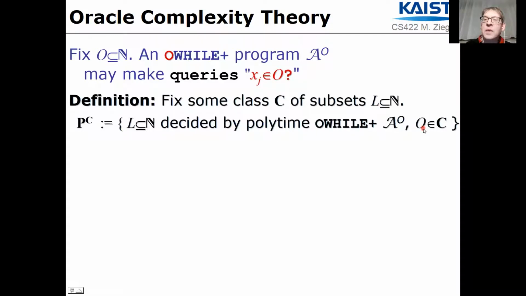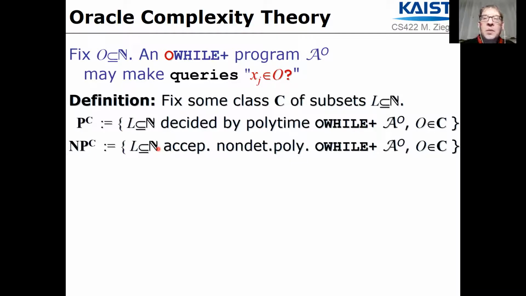P with exponent C means all the decision problems that can be decided by a polynomial time while plus program which is allowed to make oracle queries to one specific, arbitrary but fixed oracle. It cannot change oracles.